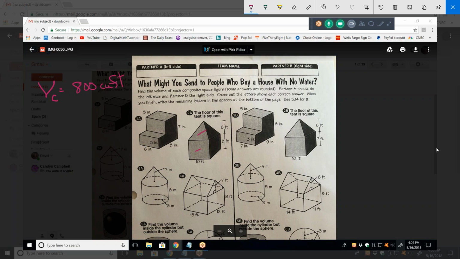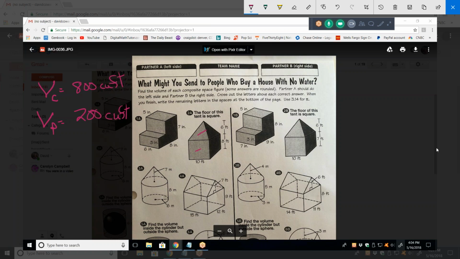Now let's look at that thing. How do we figure out the volume of a four-sided pyramid, a square pyramid? Length times width times height divided by 3. Very good. So what is this? 6 times 10 times 10, which is 600. Divided by 3. 200.